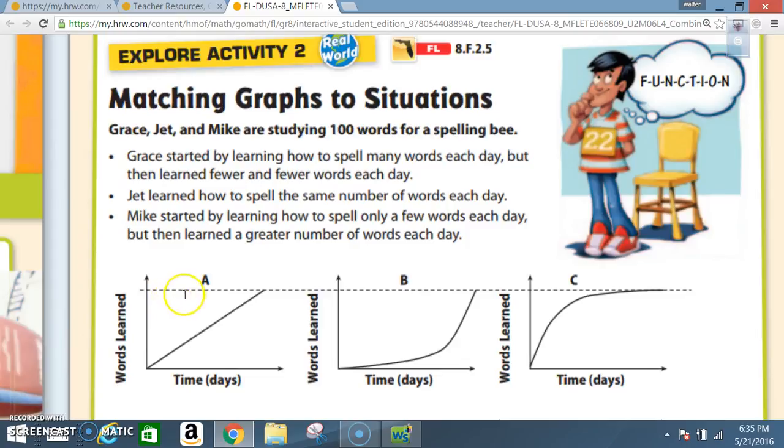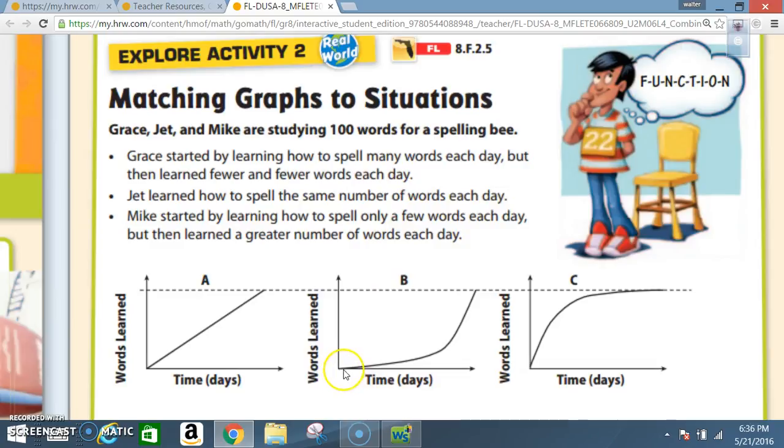Now try to match which graph goes with which person. Here, we can see that the words learned in A are constant. It's constantly increasing by the same amount each day. So for me, that would be Jet. Jet learned how to spell the same number of words each day.